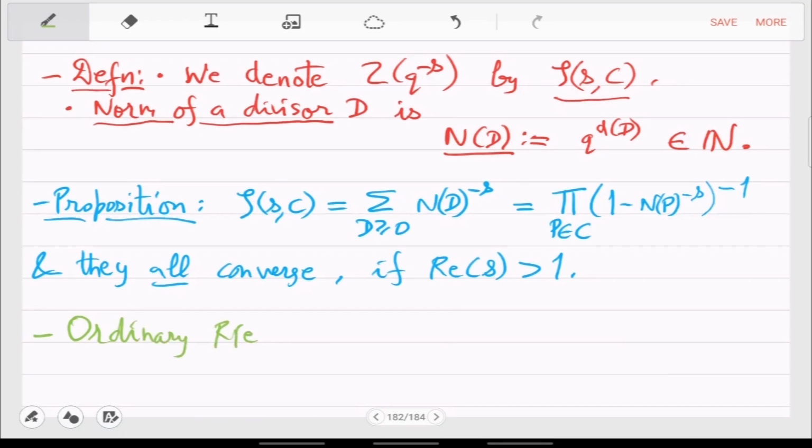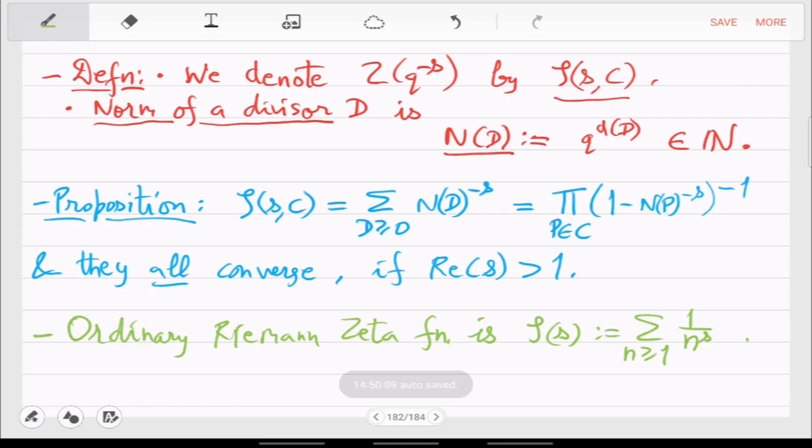So the ordinary Riemann zeta function is zeta of s equals the sum of 1 over n to the s. Right, so for numbers, in the case of the integer ring, you go over all the numbers. These are kind of your divisors, and the norm of that divisor is the number itself. So this is n to the minus s.